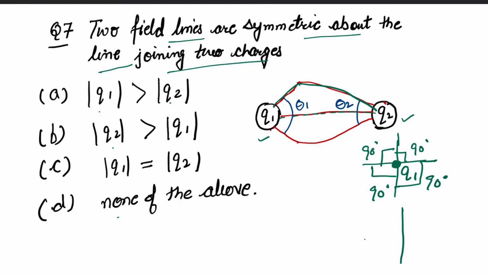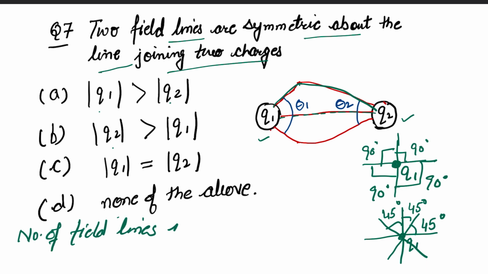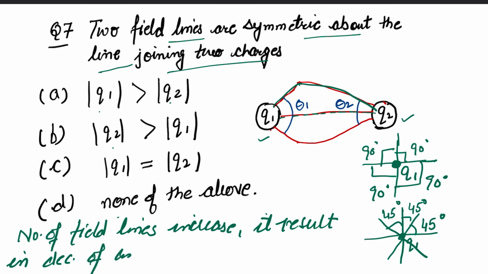If I make another drawing in which the Q1 charge is at the center and 8 lines are coming out from it, then each angle will be 45 degrees. So what comparison did you make? You made the comparison that as the number of field lines increases, the angle between the field lines decreases.